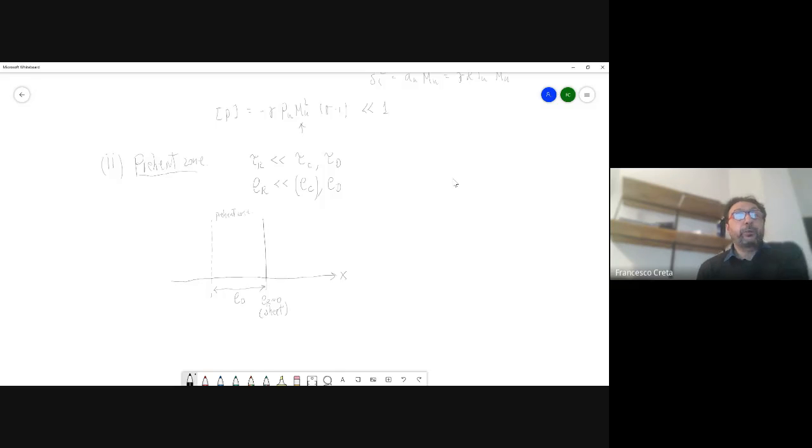So the difference between what we had previously is that now all the functions, the temperature and the concentration, are going to be continuous.